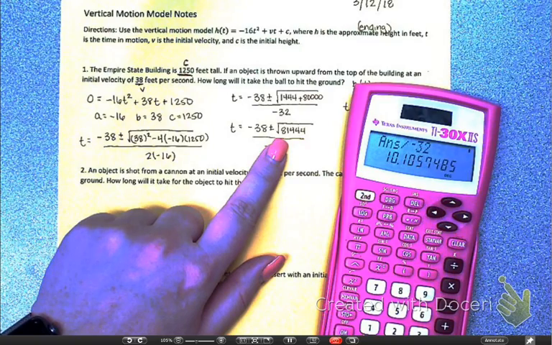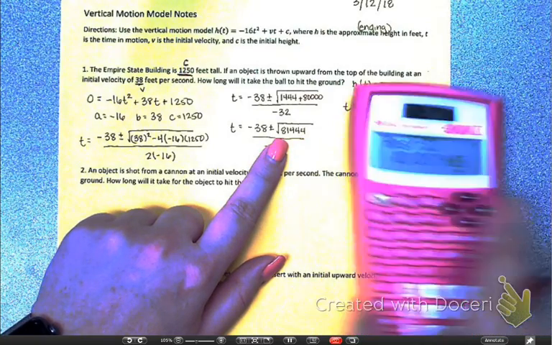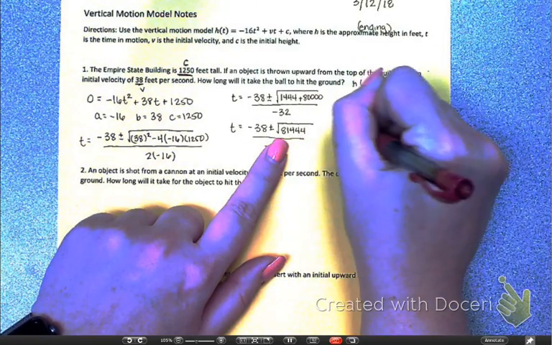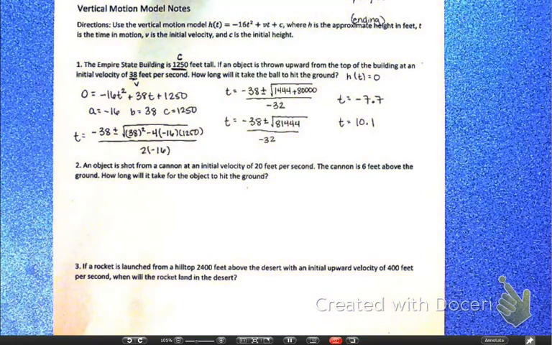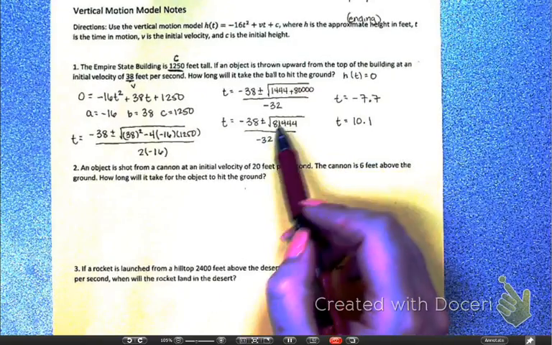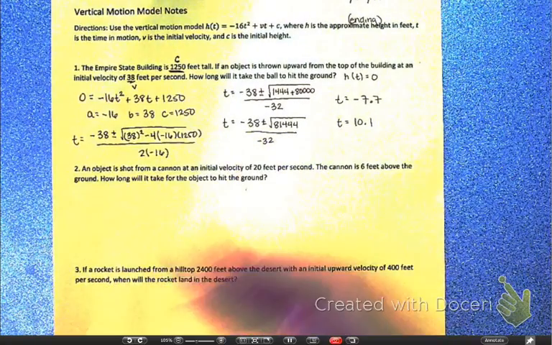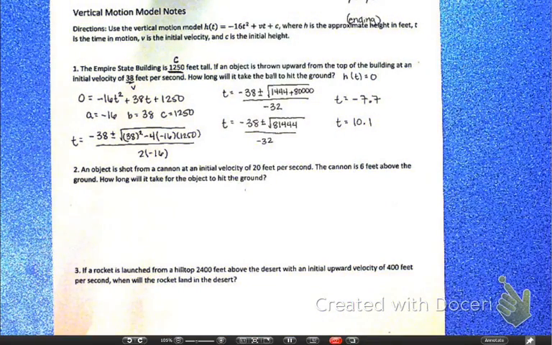And you should get 10.1. Okay, so you don't have to worry about simplifying that radical. You're just plugging it into your calculator and we're getting a decimal. And there may be times it will be a whole number, and that's okay.